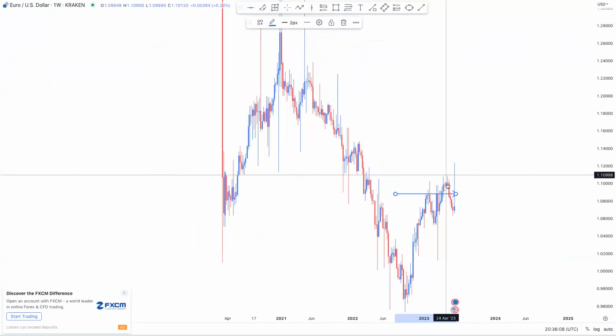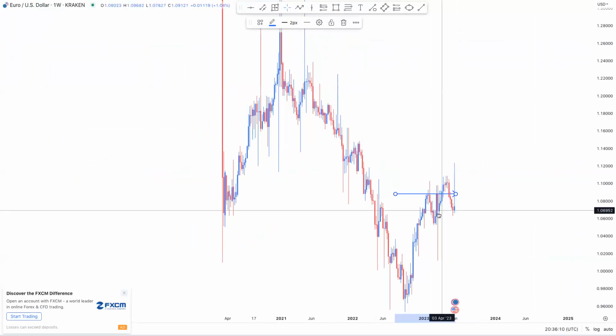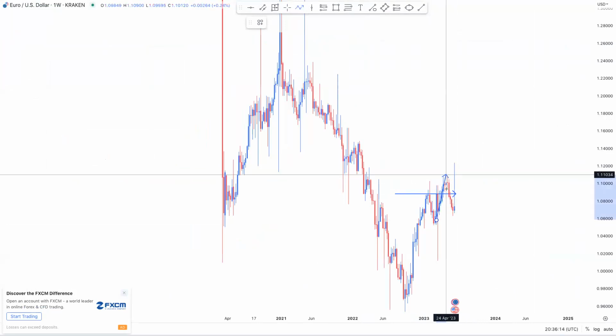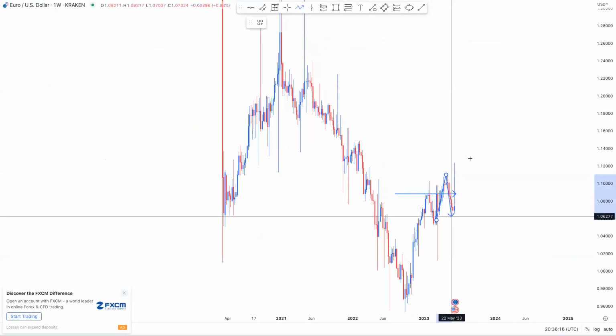Resistance, break of that resistance. So this was a break of structure, resistance into structure, going up.